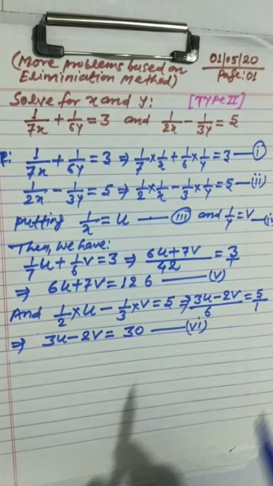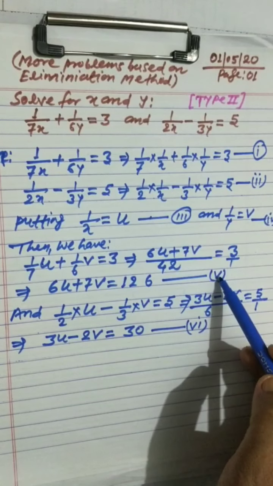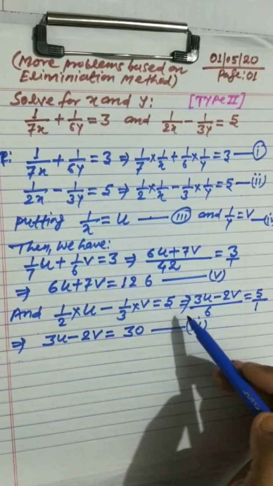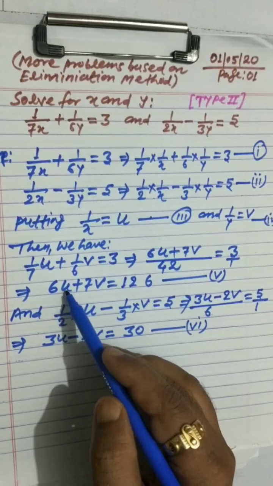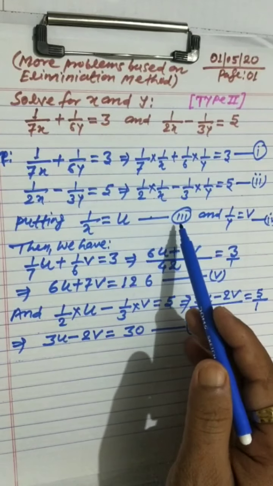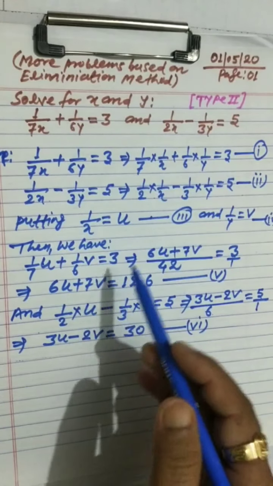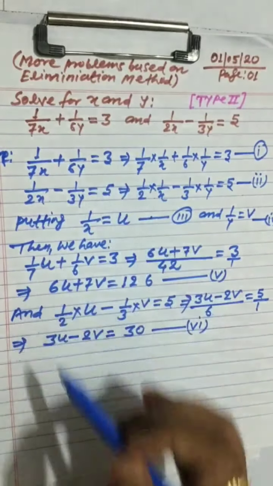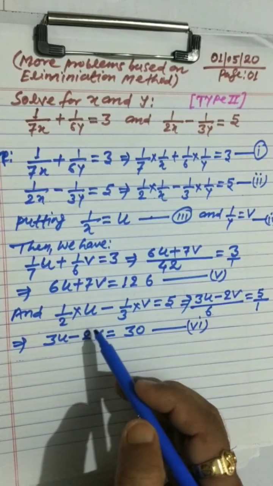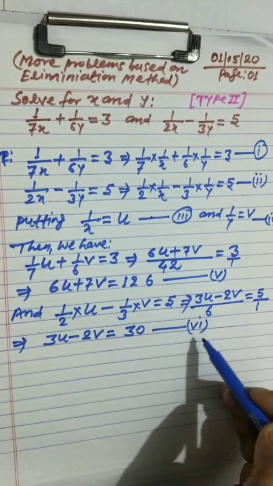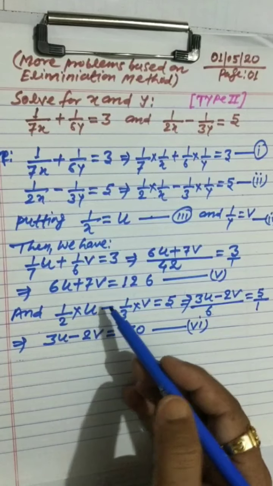Now first you have to solve equations 5th and 6th, and after finding the values of u and v you have to put them in equations 3rd and 4th to get the values of x and y, because you have to find the values of x and y. So let us solve equations 5 and 6. Same process will be there.